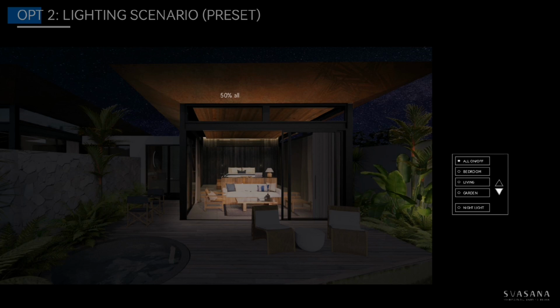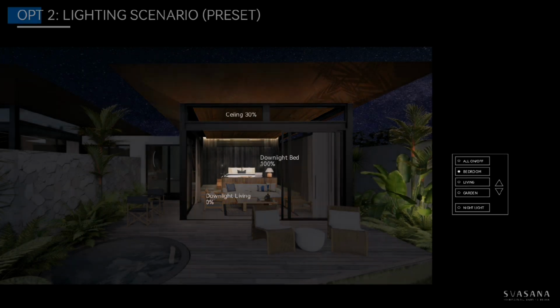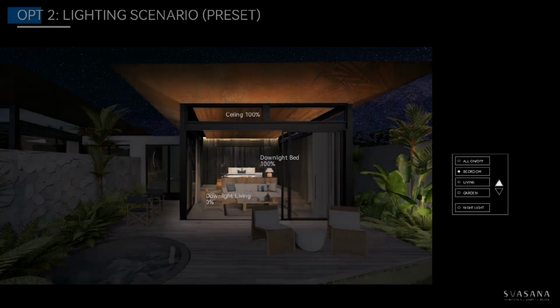Then for the second scene, I call it the bedroom scene because the idea is to focus the light on the bed and the table area. The ceiling light will be dimmed down to 30%, for example, and the downlight for the living area is turned off. Again, the dimming button can be used to increase or decrease the light, but for the ceiling only. So we can create a brighter and a darker ambience.